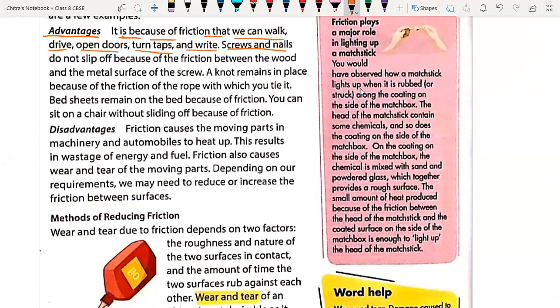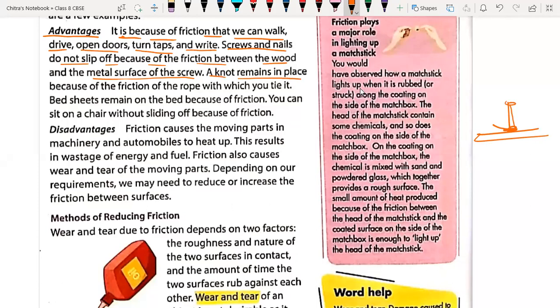Screws and nails do not slip off because of the friction between the wood and the metal surface. Suppose we have a wooden surface and you pin an iron nail, it does not slip, due to the friction between the nail and the wood.